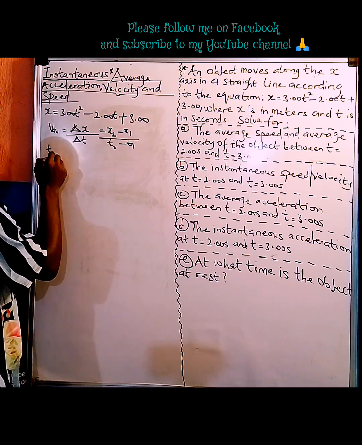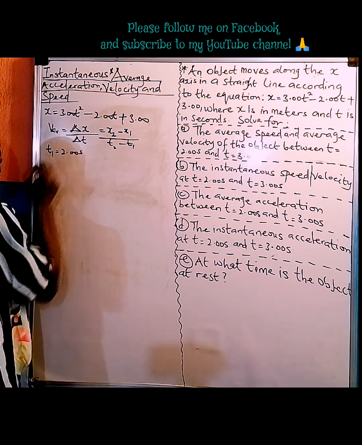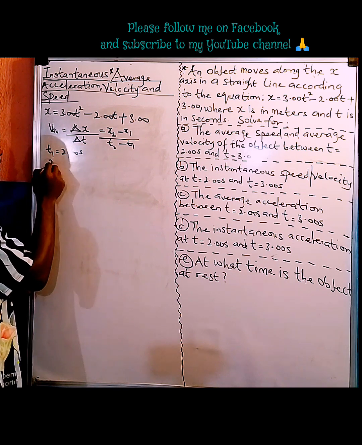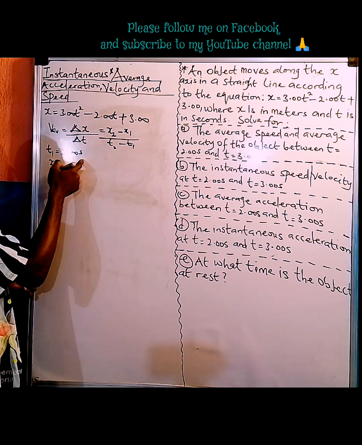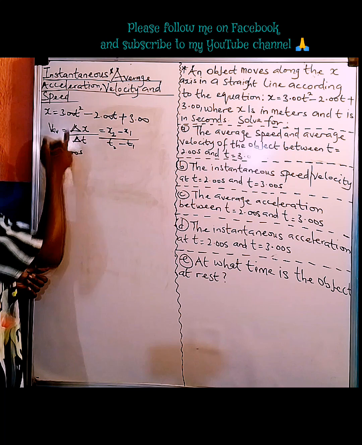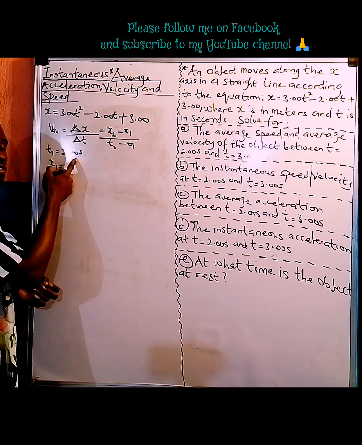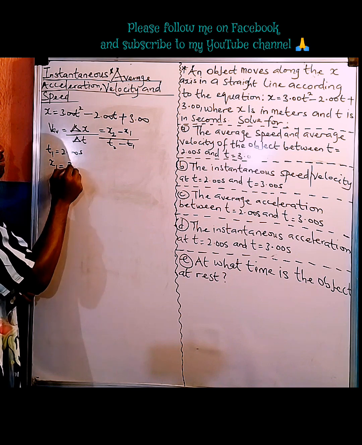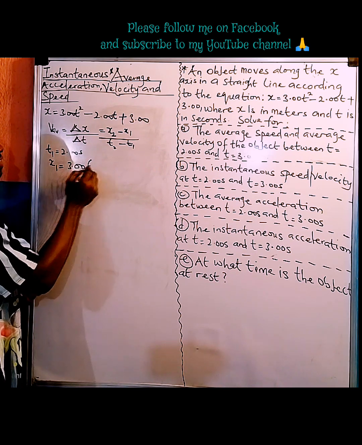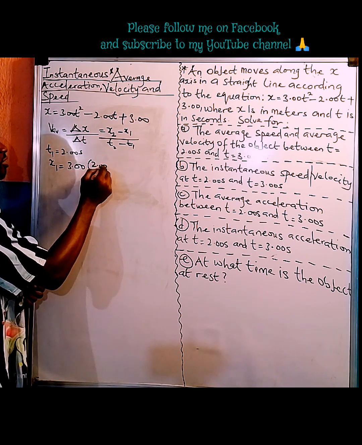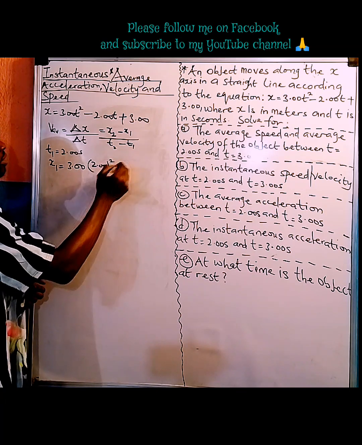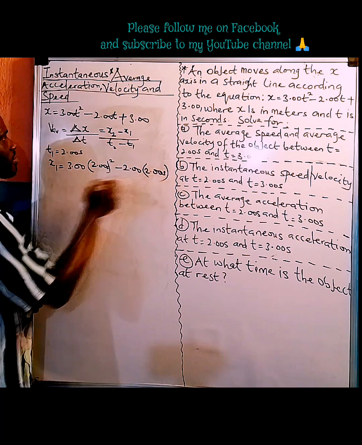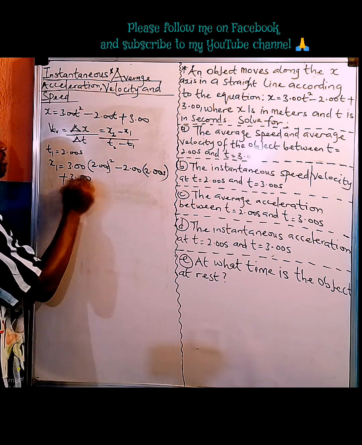So time 1 is 2.00 seconds. If time 1 is 2.00 seconds, what's going to be displacement 1? We just have to fix in this value. Anywhere we see our t, we're going to put our 2 seconds. So displacement 1 will be 3.00 times 2.00 seconds raised to power 2, then minus 2.00 times 2.00 seconds, then plus 3.00.